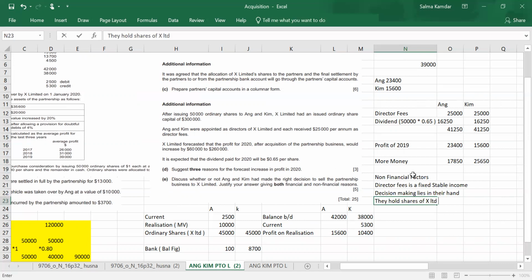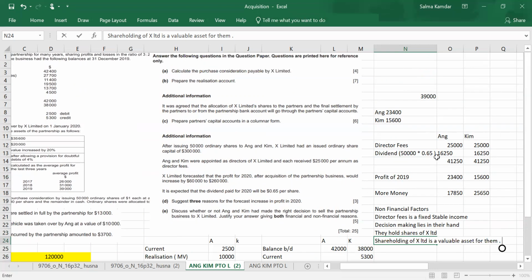So since they hold shares of X Limited, shareholding of X Limited is a valuable asset for them. So these are the non-financial factors of Ang and Kim. So they have made a good decision to sell their partnership to X Limited because their income is also increasing and still the power lies with them.